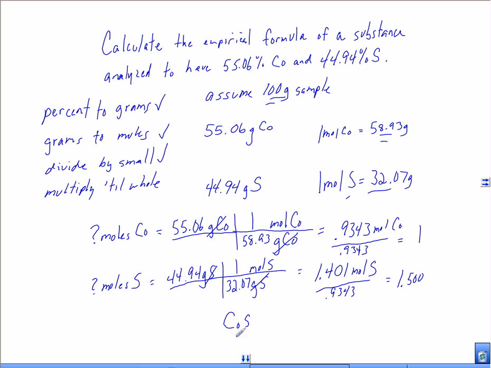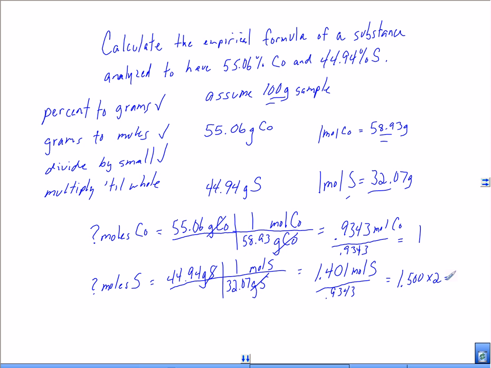I cannot write Co1 S1.5 because again, that's not a whole number. So I need to figure out another way to convert it to a whole number, and that's what the last line is here, multiply till whole. I need to decide on an integer that when I multiply it by 1.5 gives me a whole number. But whatever I do to this number, I have to do to the 1. Well, obviously 1 isn't going to help because that's going to give us the same numbers. So what if we tried 2?